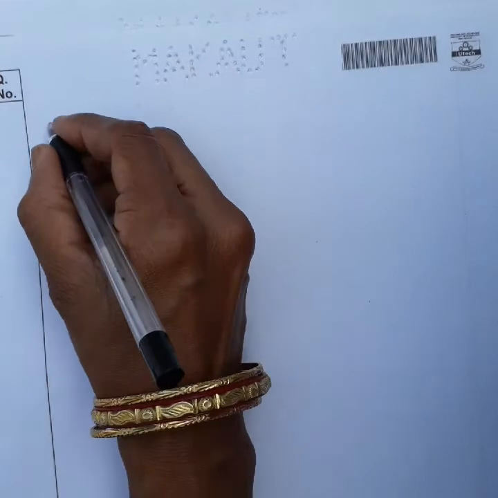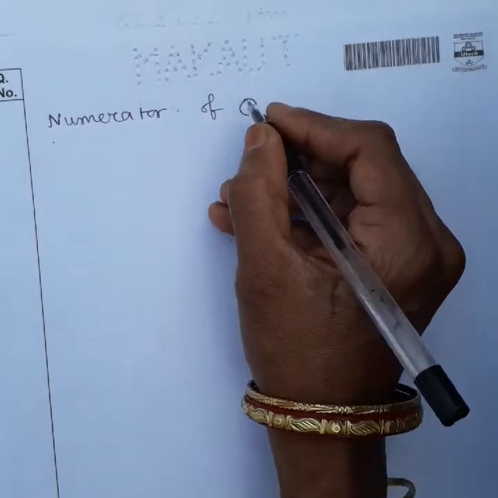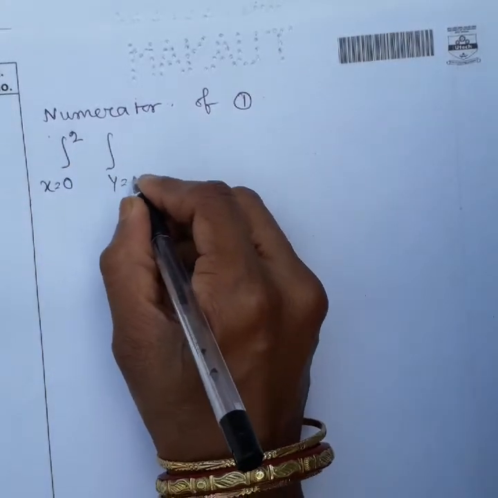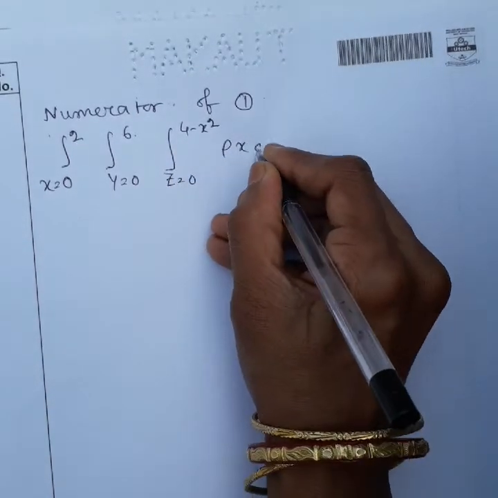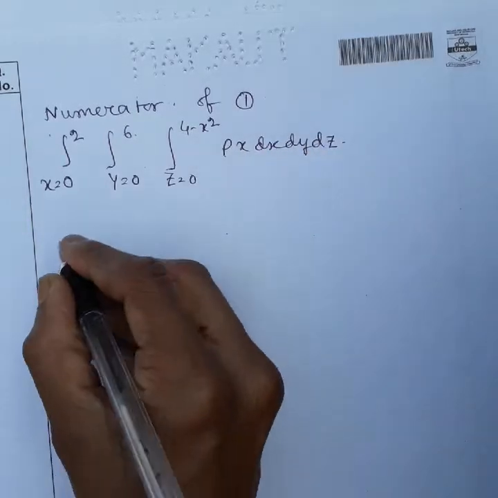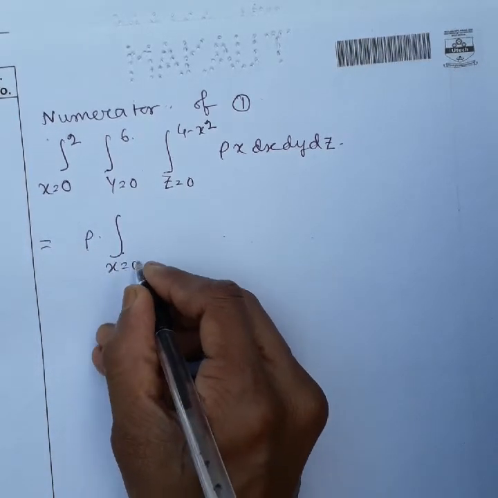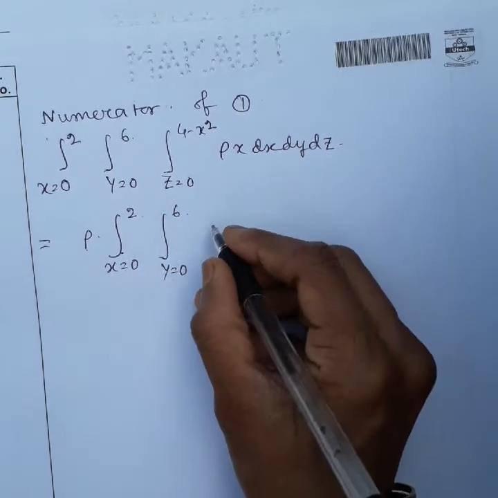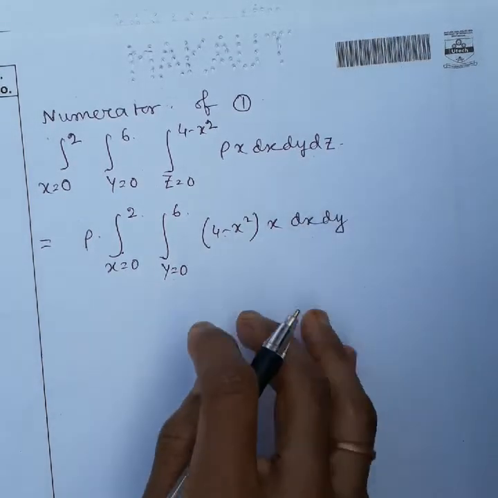Okay, and the numerator of 1, that is the integration of x from 0 to 2, y from 0 to 6, and z from 0 to 4 minus x square, rho x dx dy dz, which is equal to rho into 4 minus x square into x dx dy.